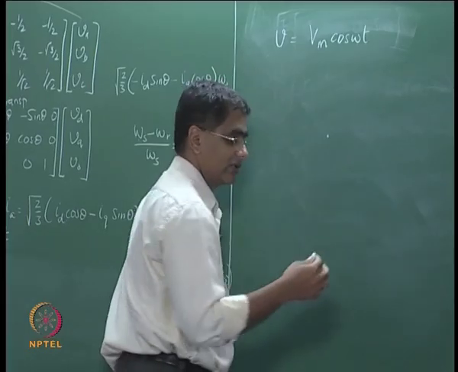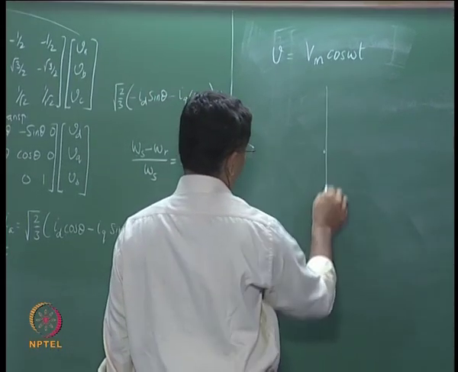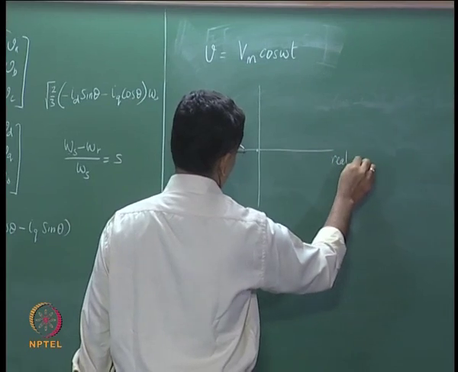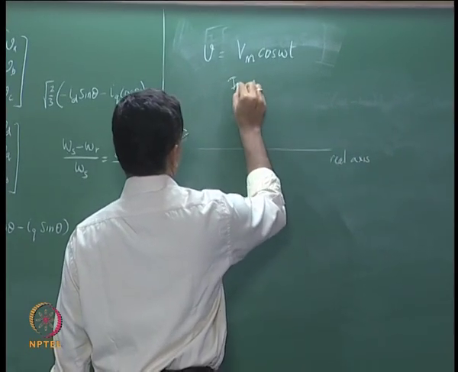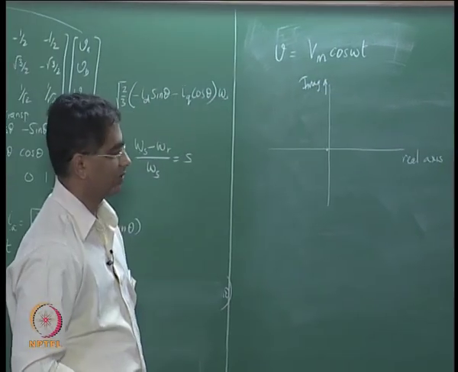A phasor is nothing but an arrow which is drawn in the complex plane. So this is your real axis and this is the imaginary axis. So that is the plane that we are talking about.